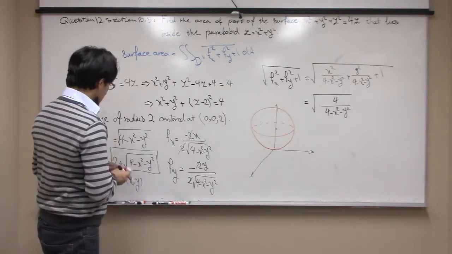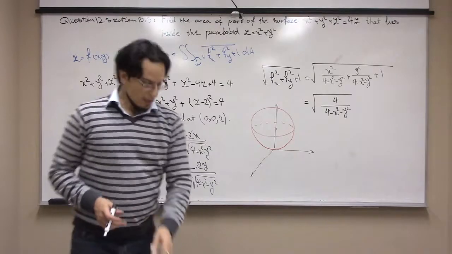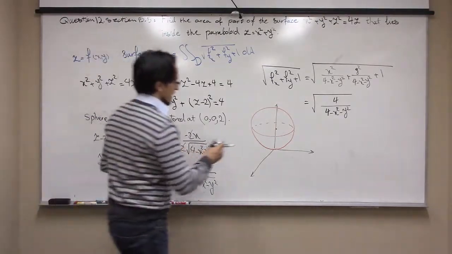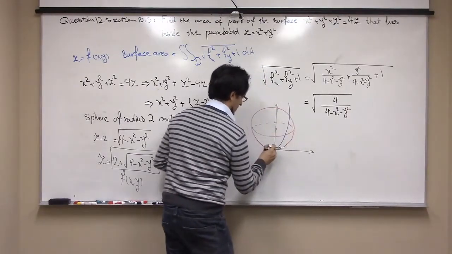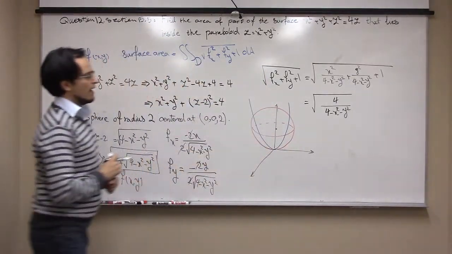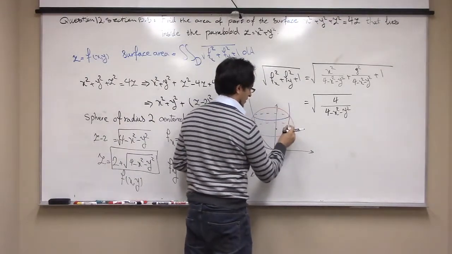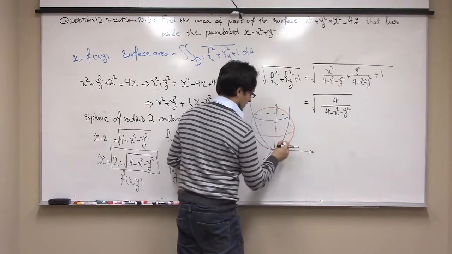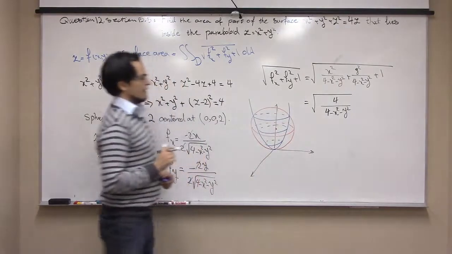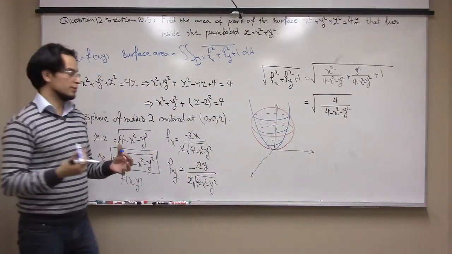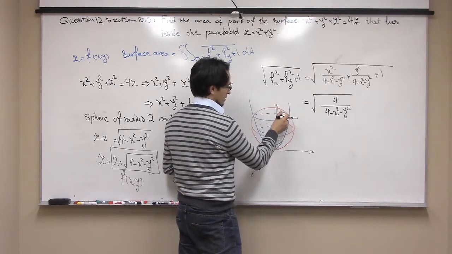But what about the other one, the one that determines the curve? It is a paraboloid of that form, and the part whose surface area we are trying to find is this part.